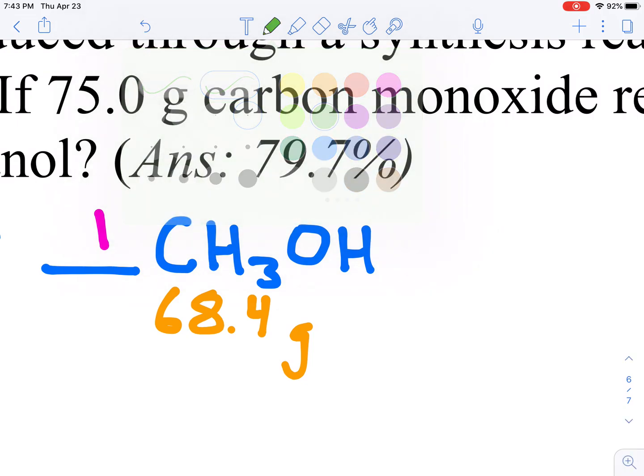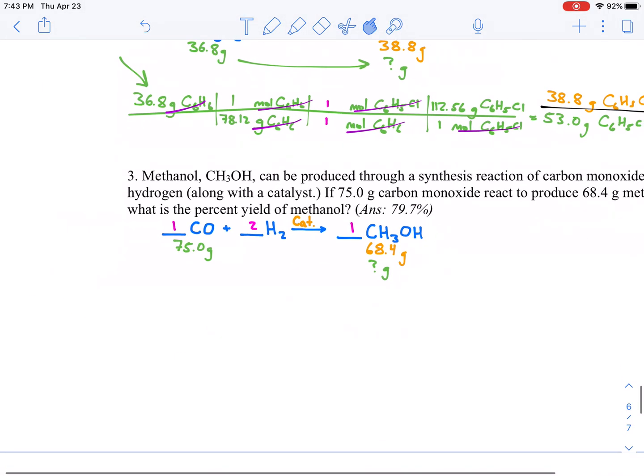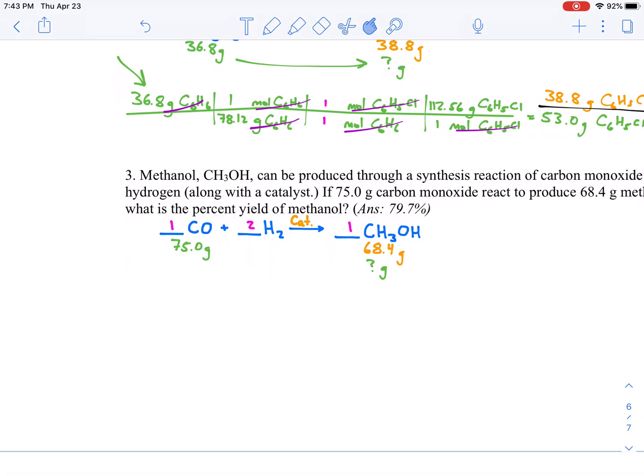And we need to figure out, theoretically, how many grams of that we can make. So let's do that. Let's take our 75 grams and let's figure out how many grams of methanol.